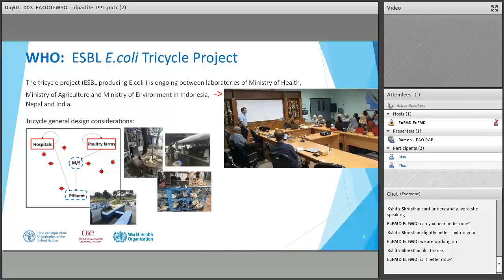And then the project is using whole genome sequencing, using epidemiological methods to try and look at the relationships between infection within the patients and within the markets where they get their products, and from the effluent systems, both from the markets, from the hospitals, and from the patients themselves. So through the whole genome sequencing, to try and understand whether there are direct relationships, and to try and see if there is any movement.